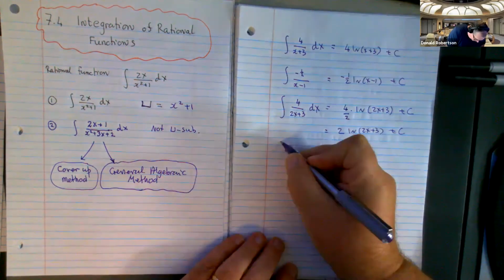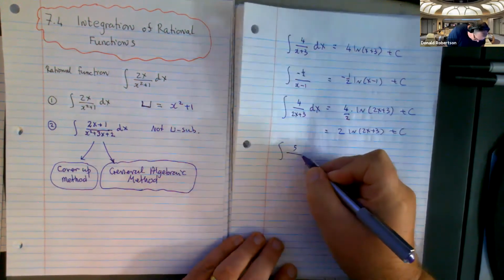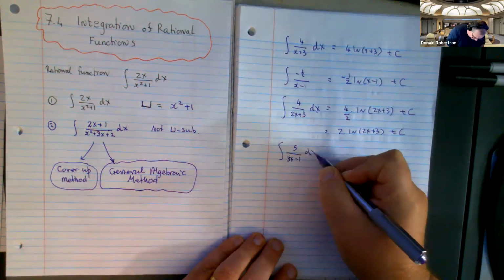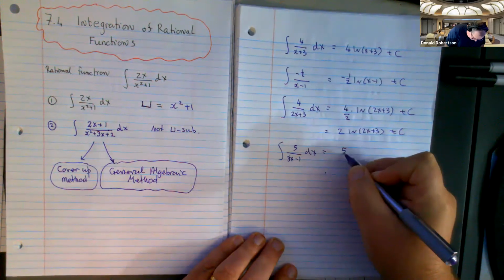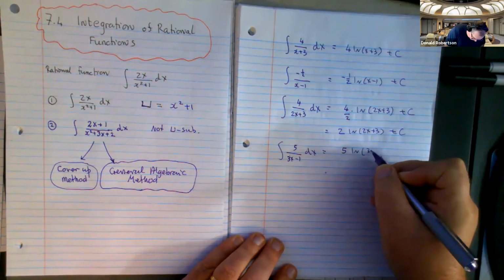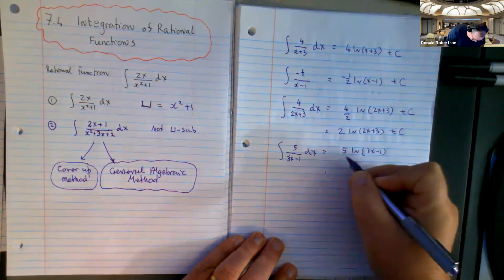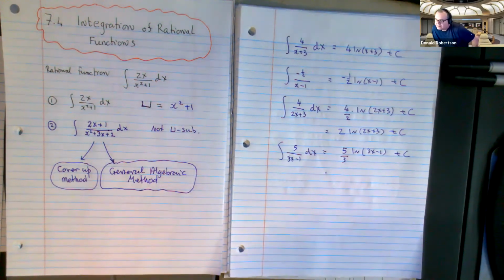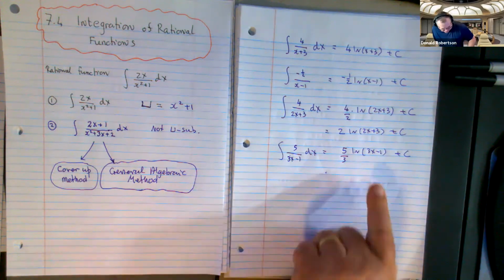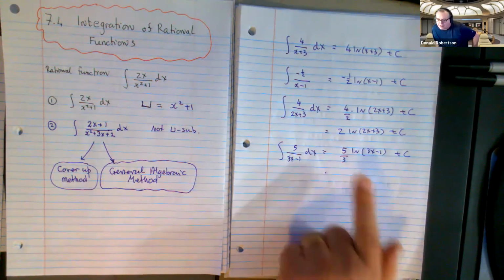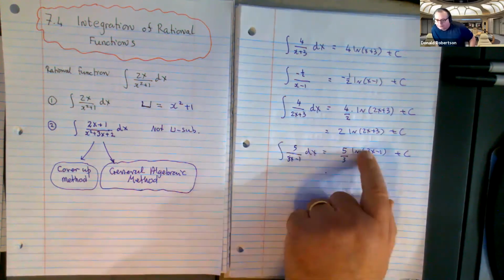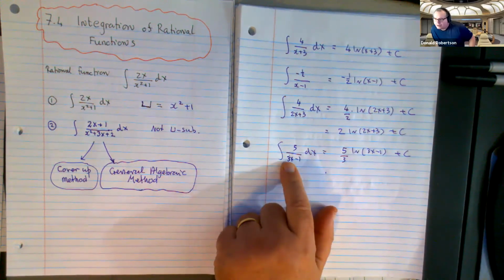So if you have 5 over 3x minus 1, for instance, you get 5 over 3 times the natural log of 3x minus 1, and that 3 you divide by. Are you happy about it now? That 3 generates this 3. If you do not like this shortcut, the linear shortcut method, couldn't you do a little baby u-sub of 3x minus 1 and then four lines later get that?